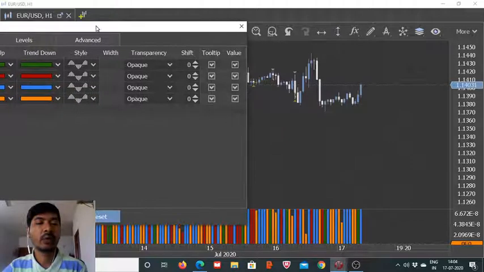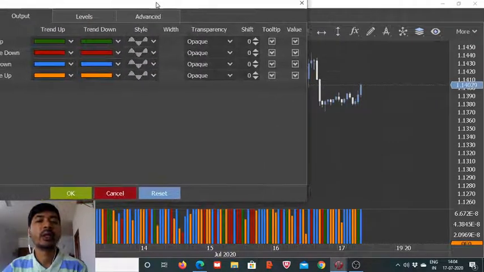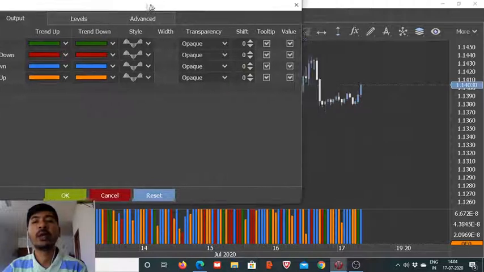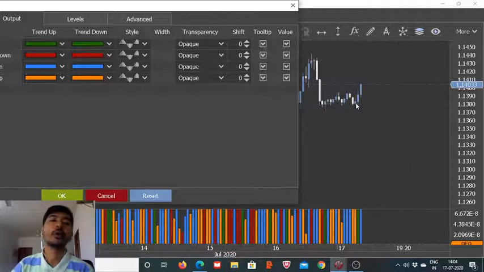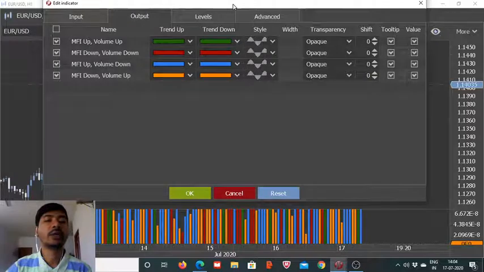So we have to use these four output values in conjunction with other parameters like the price action, which we see on the historical candle data. You can even use the historical candles' closing levels, whether it is closing higher or closing lower. That can also be used in conjunction with the four output values which we get.